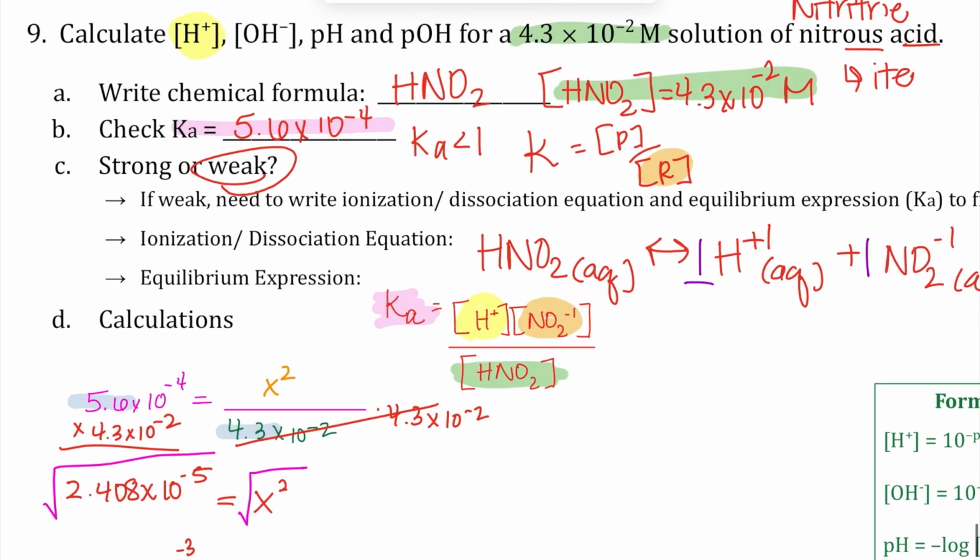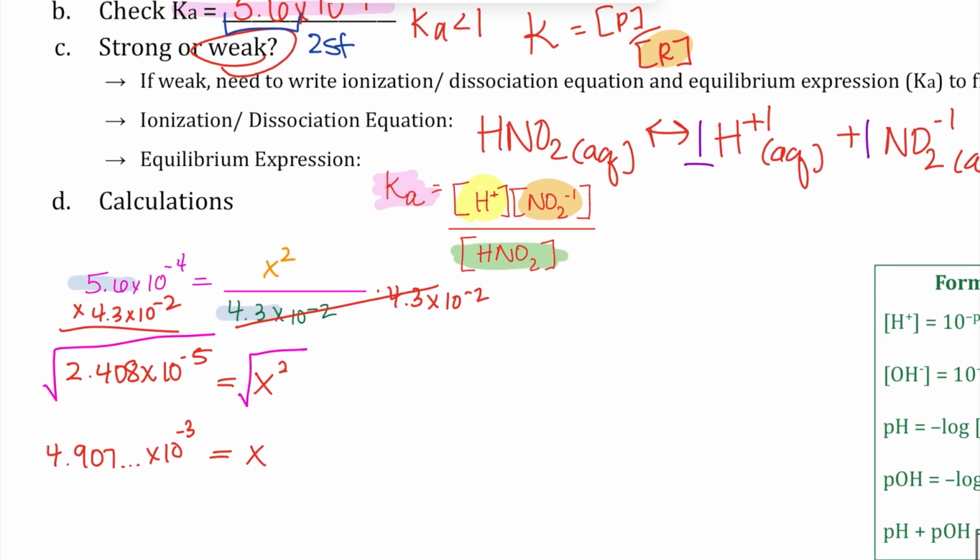So we are going to take into account that we have 2 sig figs in our Ka and 2 sig figs in our concentration of our solution. And so we are going to keep 2 sig figs. This is a concentration, so I'm going to keep that 4 and that 9. So X is going to be 4.9 times 10 to the negative 3. And that is representing a concentration, so that is a molarity.